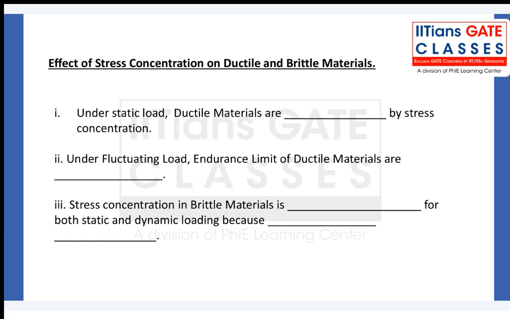Now, what is the effect of stress concentration on ductile and brittle materials? Again, the proper definition of ductile and brittle materials will be studied in strength of materials, but I'm giving you an idea so that you can have a little bit of understanding. What are ductile materials? Ductile materials are those materials which, on application of force, have a considerable amount of elongation.